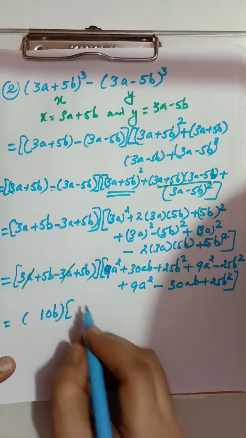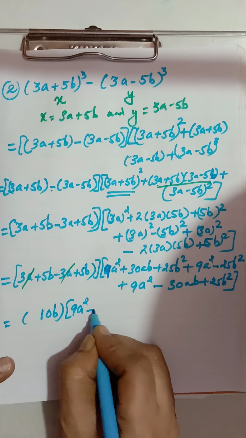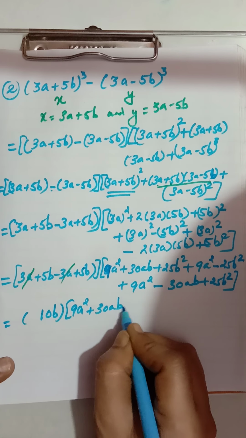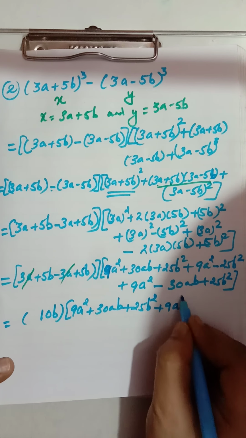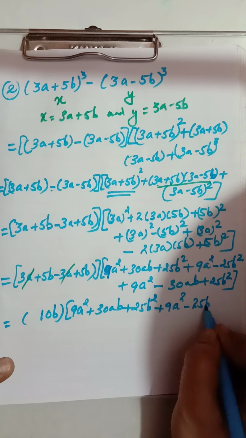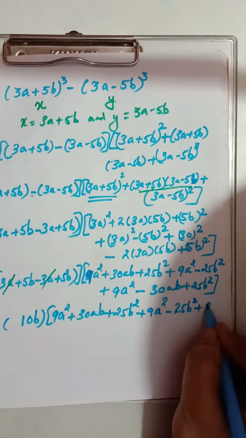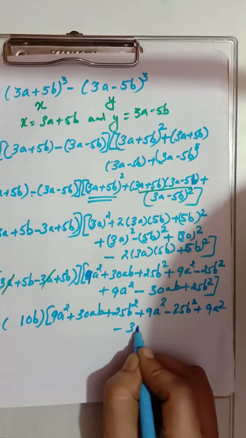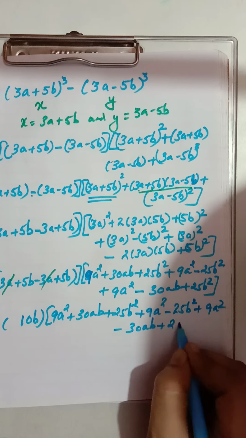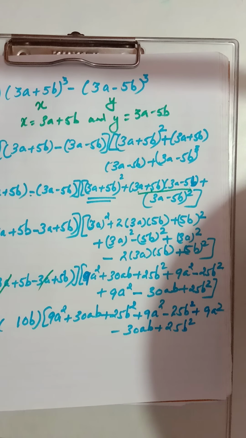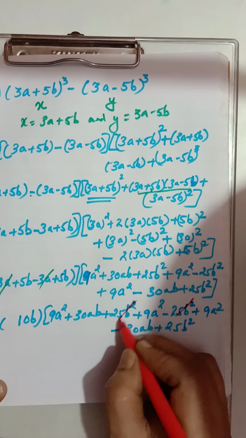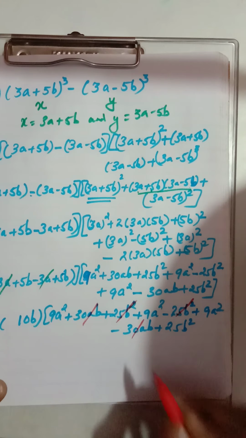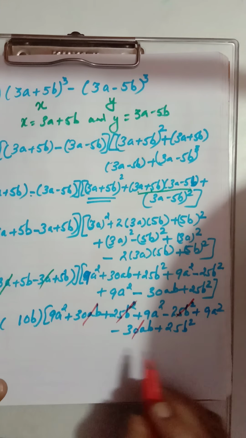Now coming to the second bracket, we are writing all: 9a² + 30ab + 25b² + 9a² − 25b², okay, plus 9a² − 30ab + 25b². Now see children, whatever terms we could cancel. Plus 25b² minus 25b² gets cancelled, plus 30ab minus 30ab gets cancelled.